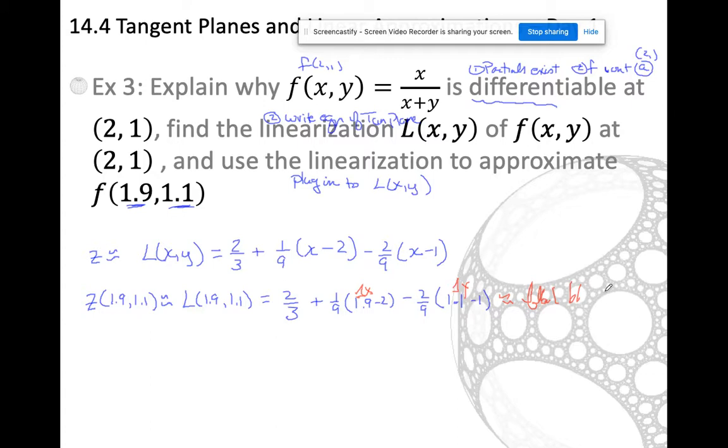Let me pull out my calculator because then I want to plug into the original. So if I have 2 divided by 3, excuse me while I push buttons on my calculator. So I got 0.6333 repeating. So I do have the function. What is z of 1.9, 1.1?